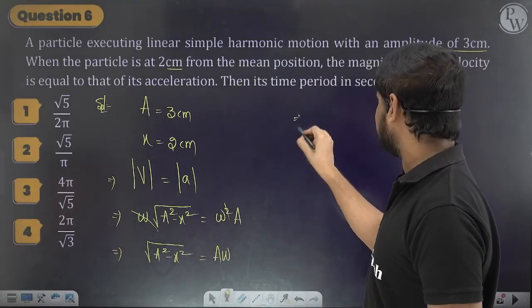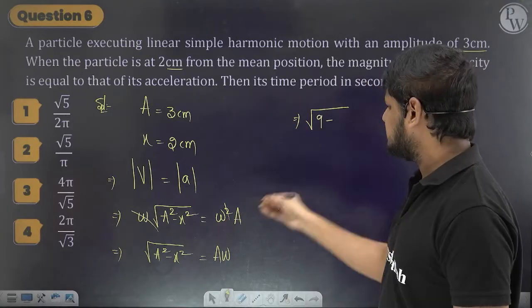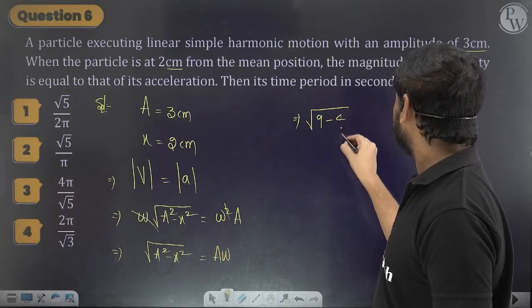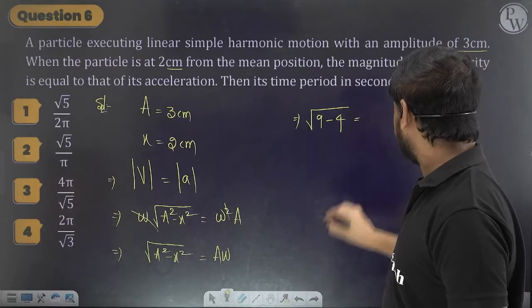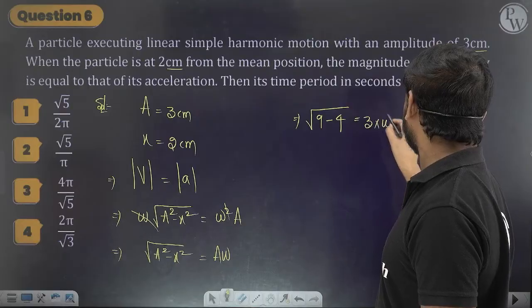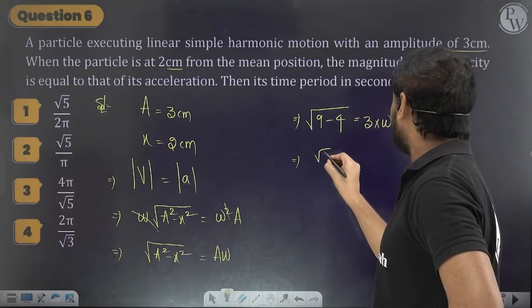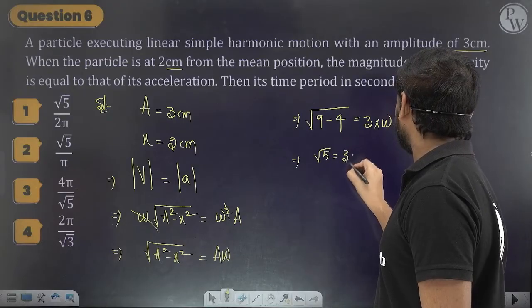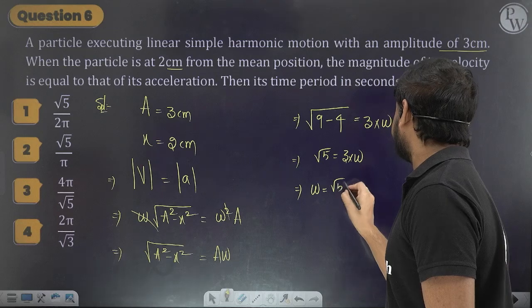So let's do the calculations. What is a square? Amplitude is 3, so 9 minus x square, 4, which equals a into omega. What is a? 3 into omega. So root 9 minus 4, root 5. So root 5 equals 3 into omega. From here omega equals root 5 by 3.